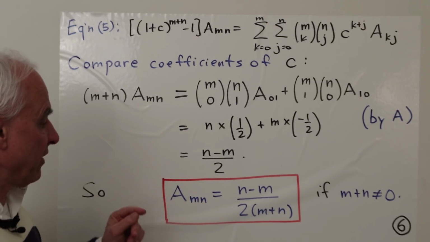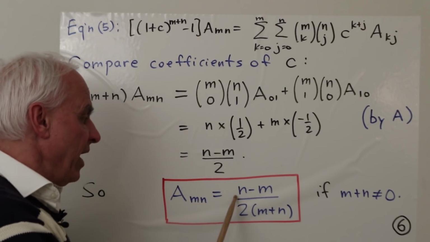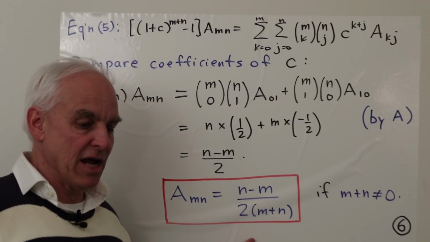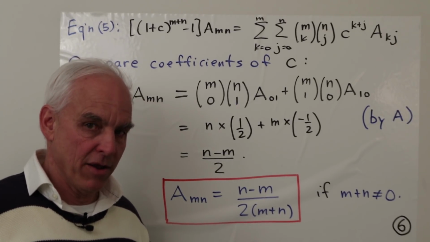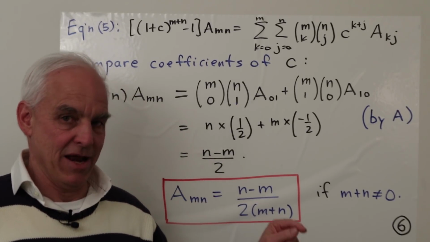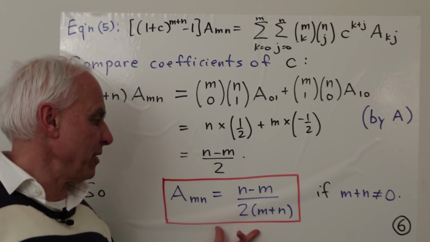The signed areas are given by the numbers n minus m over 2 times m plus n. So this is the signed area from 0 to 1 of the curve alpha to the m, comma alpha to the n. That's a fundamental formula.